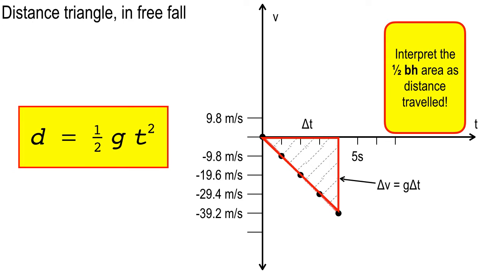From that, we derived the drop distance formula, 1/2 g t squared. In this formula, g is positive 9.8 meters per second squared. And you had some homework doing simple calculations with that.